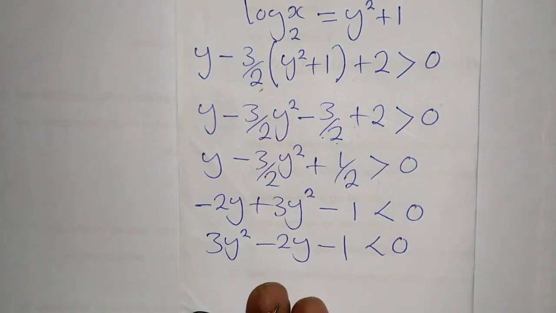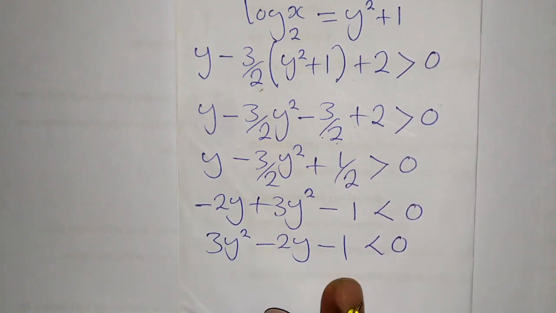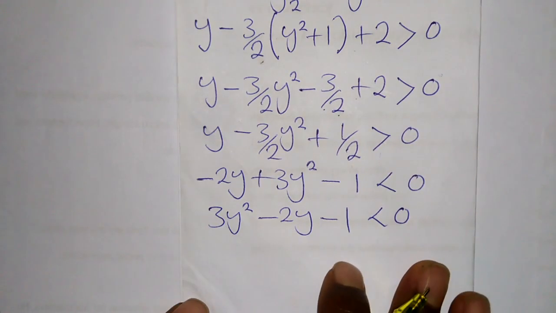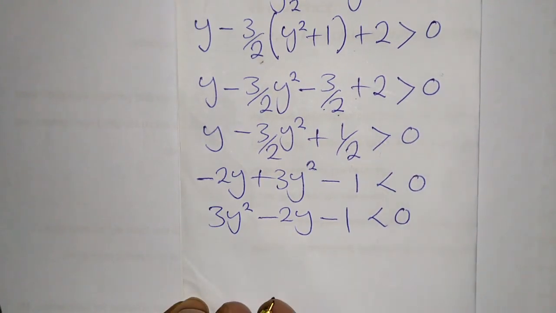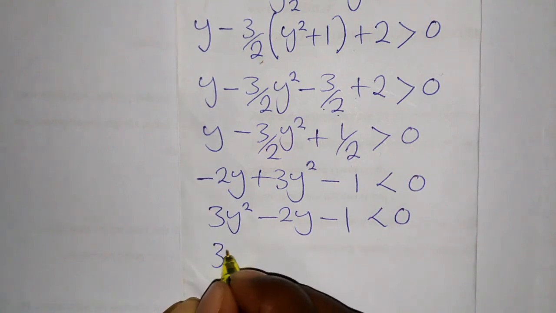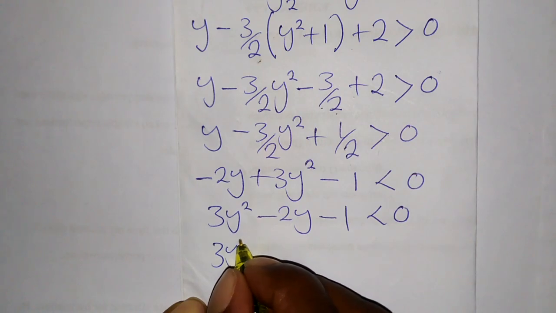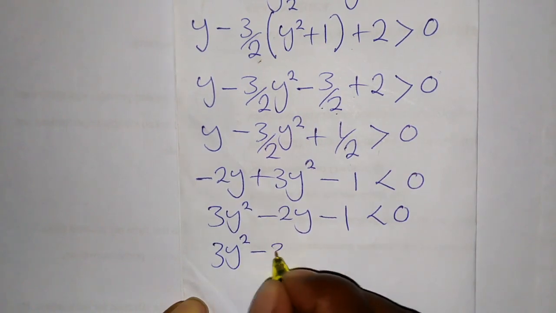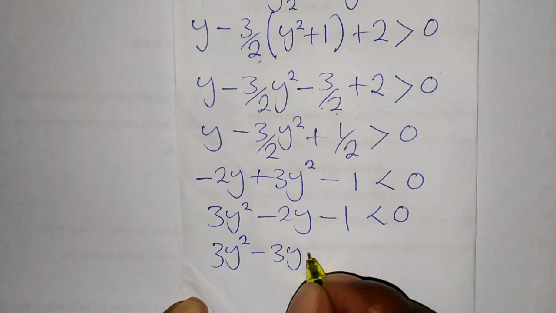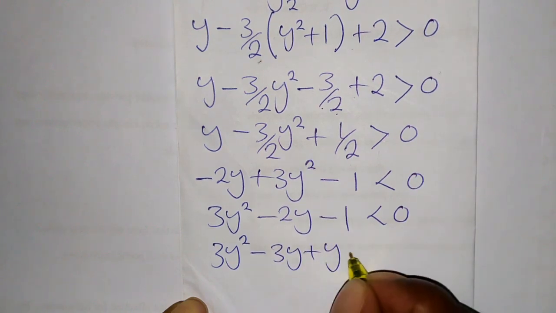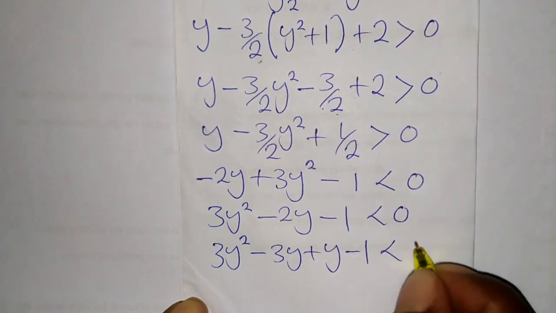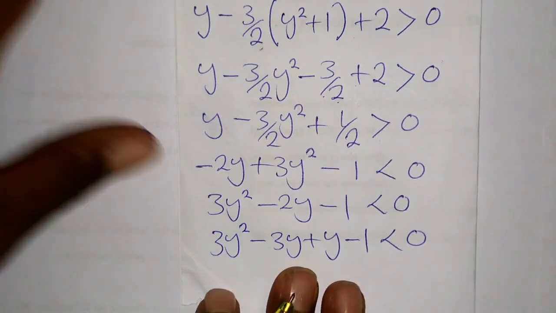So as you see, we have a quadratic equation here, and it can be factorized. To factorize this equation, we write the equation in the form 3y squared minus 3y plus 1y minus 1 less than 0.